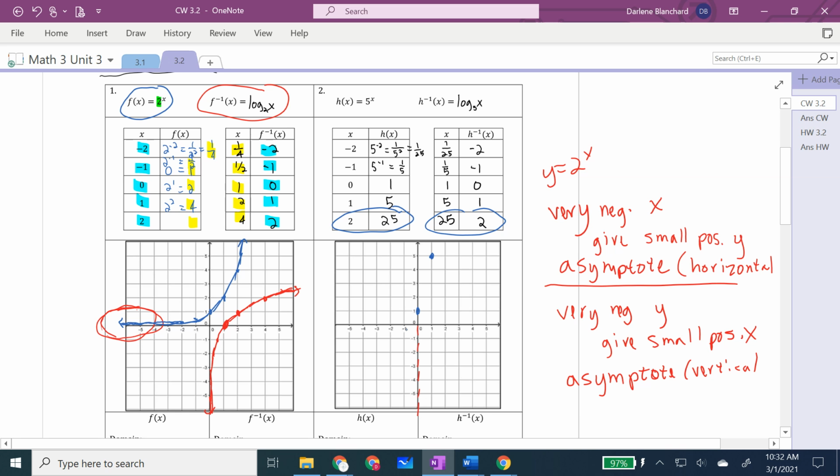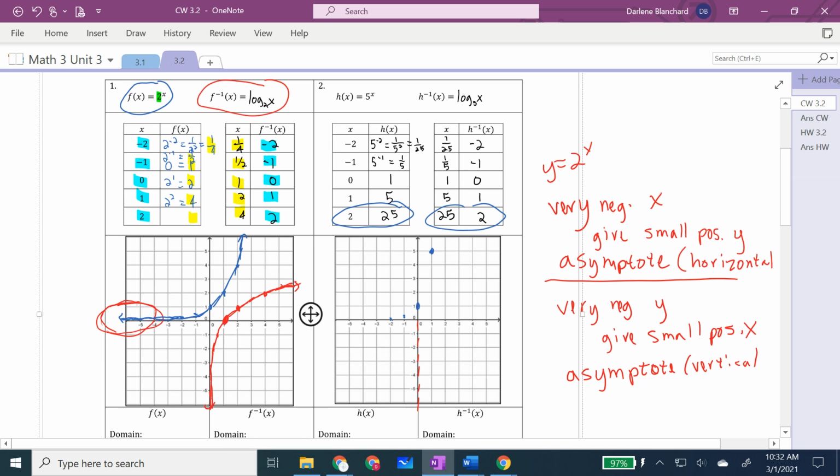And let's see. -1 is 1/5. And I'm going to have a really hard time plotting the -2. It is just so ridiculously close. So you want to realize that this larger base, the 5 being larger than the 2, that asymptote's much faster.